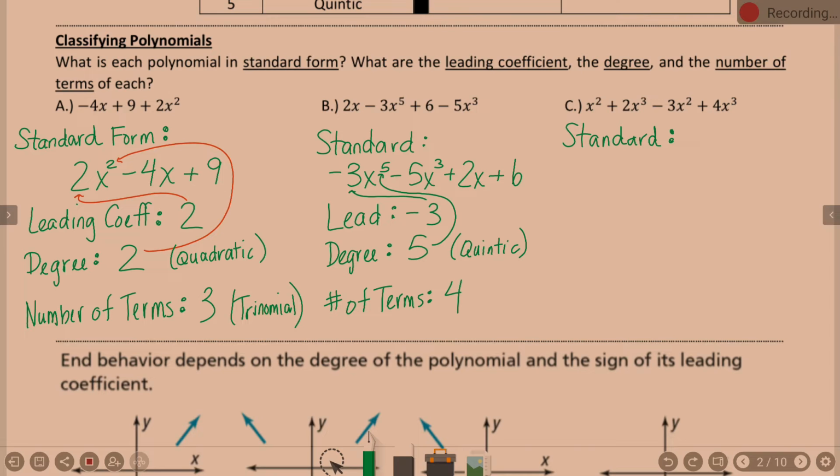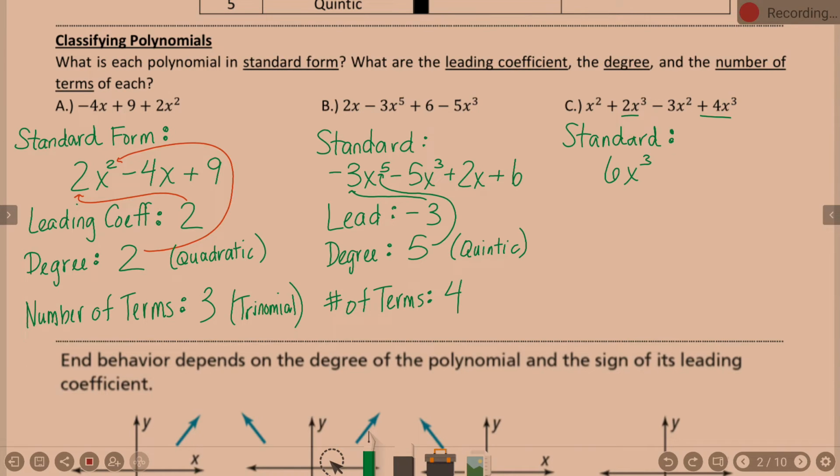It's not a question of whether 2x cubed or 4x cubed goes first. If you're asking yourself which goes first because they have the same power, that means we need to add them together, right? So the fact that 2x cubed and 4x cubed are like terms, 2x cubed plus 4x cubed is going to be 6x cubed.